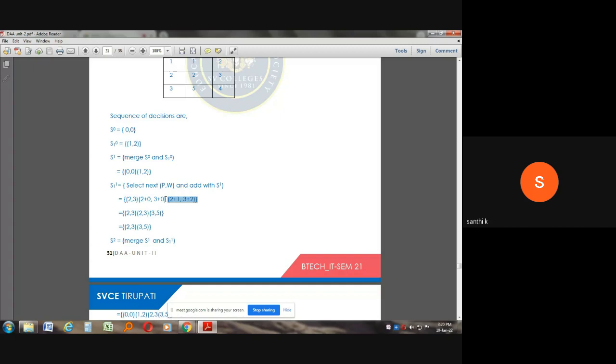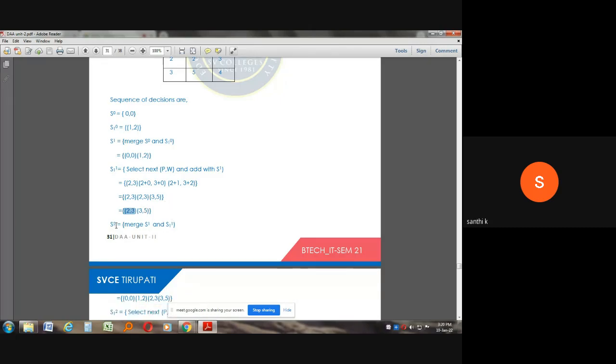The second object's ordered pair is (2, 3). So to the tuples in the previous set, we have to add (2, 3). So adding (2, 3) to (0, 0) we get (2, 3), and adding (2, 3) to (1, 2) we get (3, 5). Now S^2 is obtained by merging S^1 and S1^1.